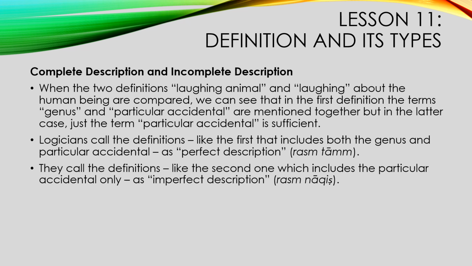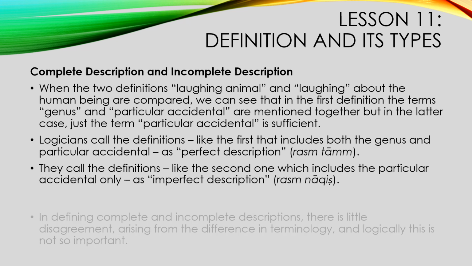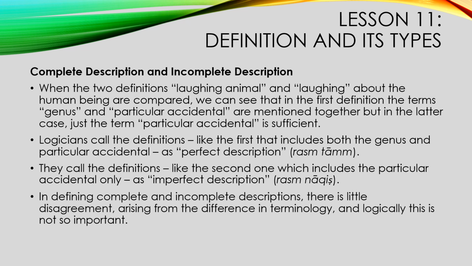They call the definitions, like the second one, which includes the particular accidental only, as imperfect description or rasmun nāqis. In defining complete and incomplete descriptions, there is little disagreement arising from the difference in terminology, and logically, this is not so important.